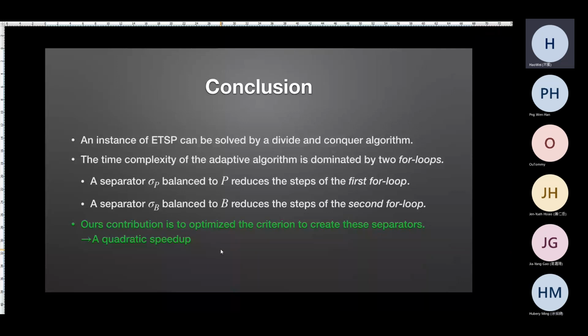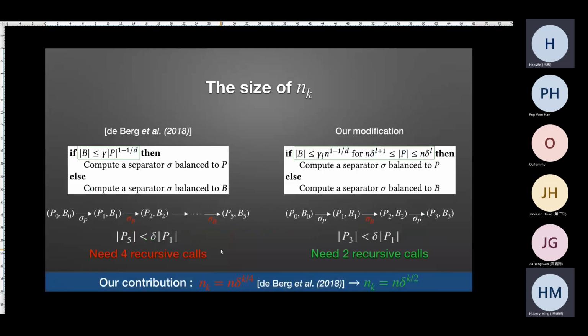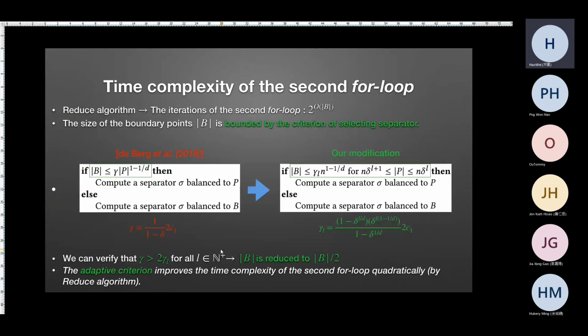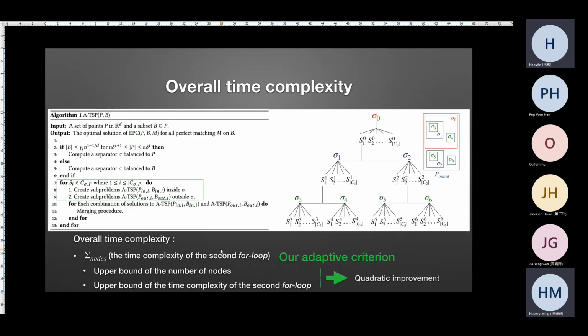Because our criterion could reduce the upper bound of the boundary points, that improves the time complexity of the merging procedure.